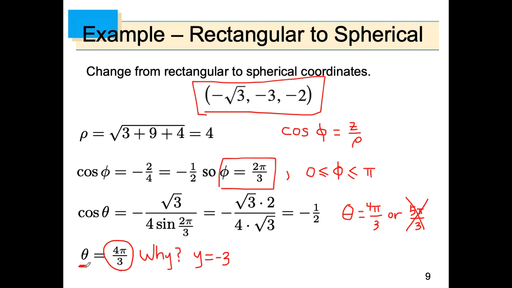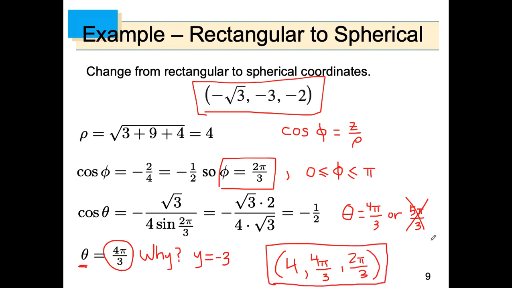Just like in polar coordinates, it's the same in spherical coordinates. A point with negative x and y will lead you into the third quadrant, which means you choose 4 pi over 3. Therefore, our answer in this case will be, and these would be our spherical coordinates.